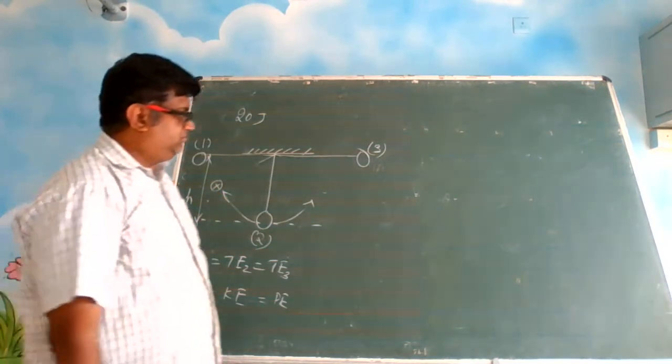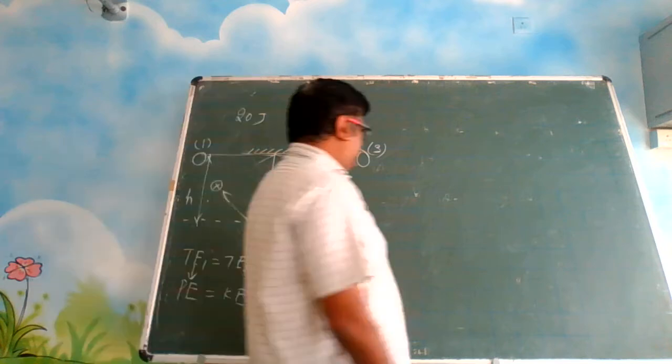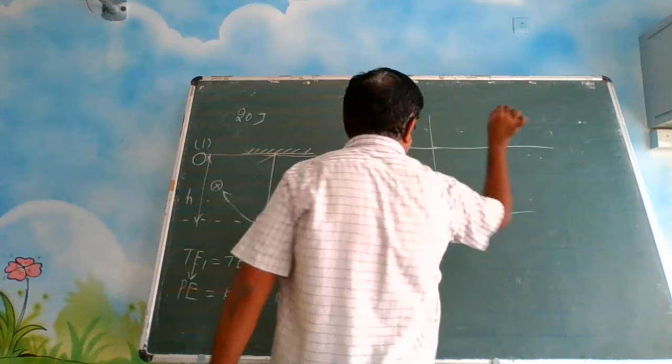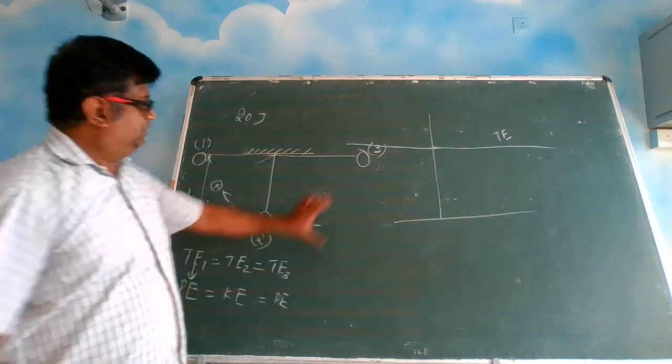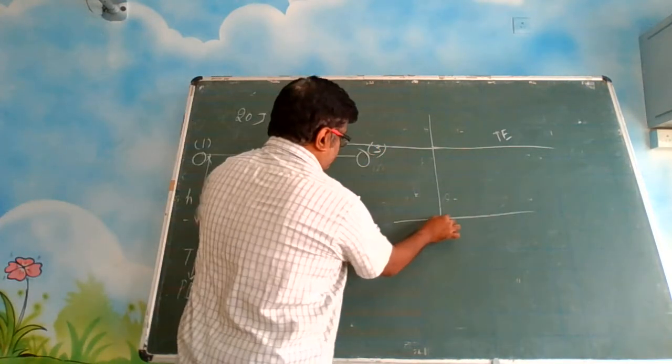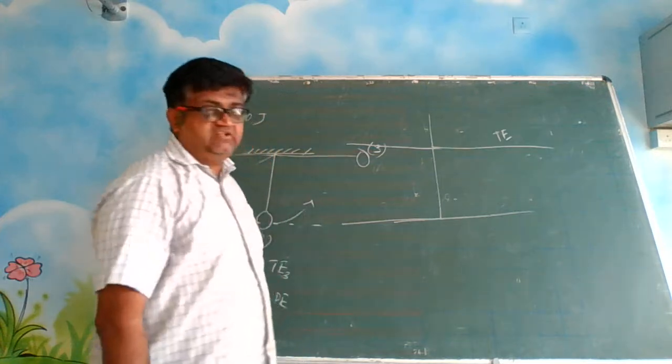If I take a point in between, it will have both kinetic and potential energy. I am trying to draw a graph of the total energy. This gap is how much? 20 joules.